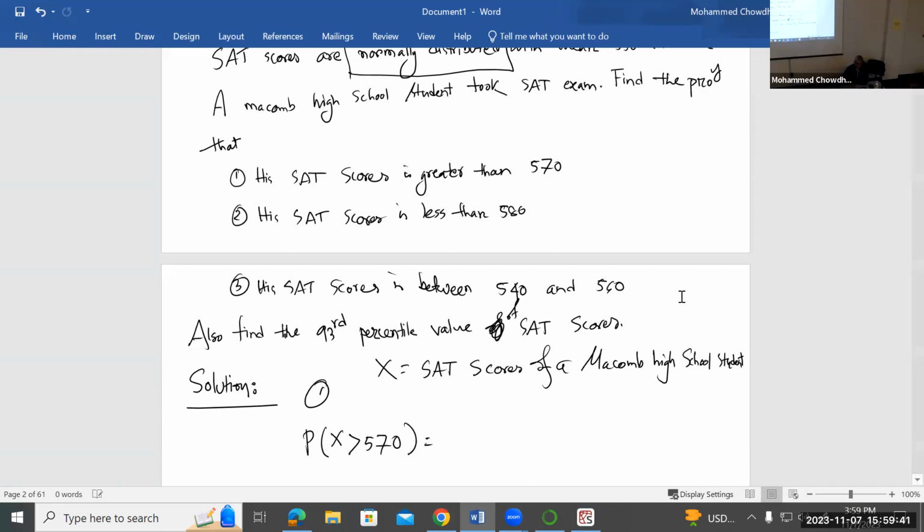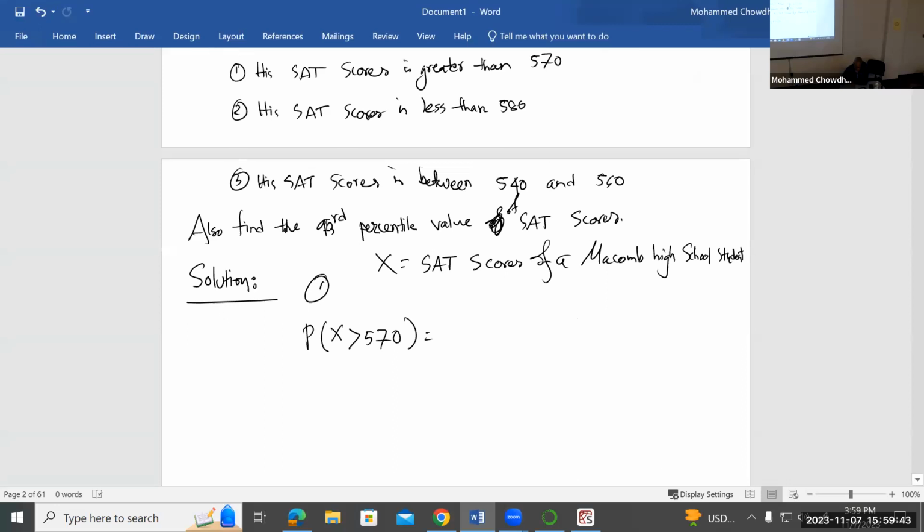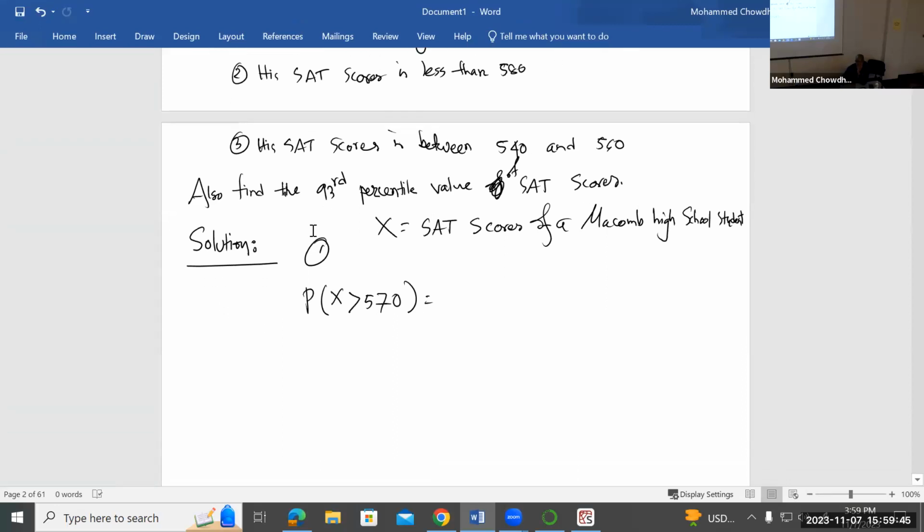Do you agree with this? So this could be written as 1 minus the probability of x less than or equal to 570. Do you agree with that? Can I write this equal to that or not?